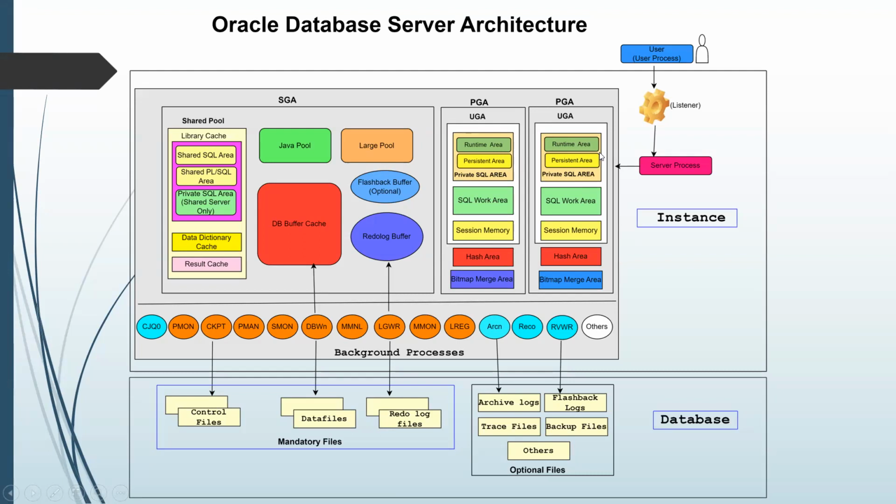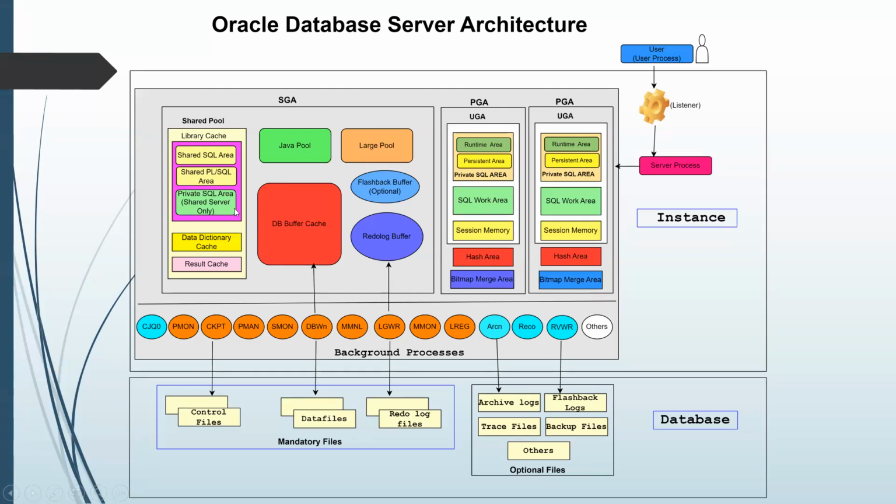Okay, fine. Next thing that we are going to see inside the memory or inside the instance is another very important component called SGA, which stands for Shared Global Area. So the primary difference between SGA and PGA is that PGA is a private area. SGA is a shared global area.